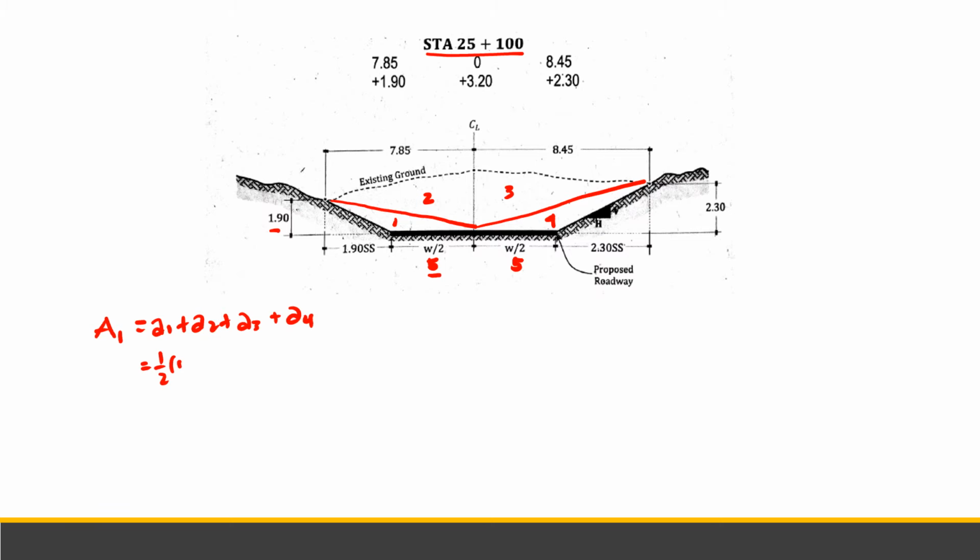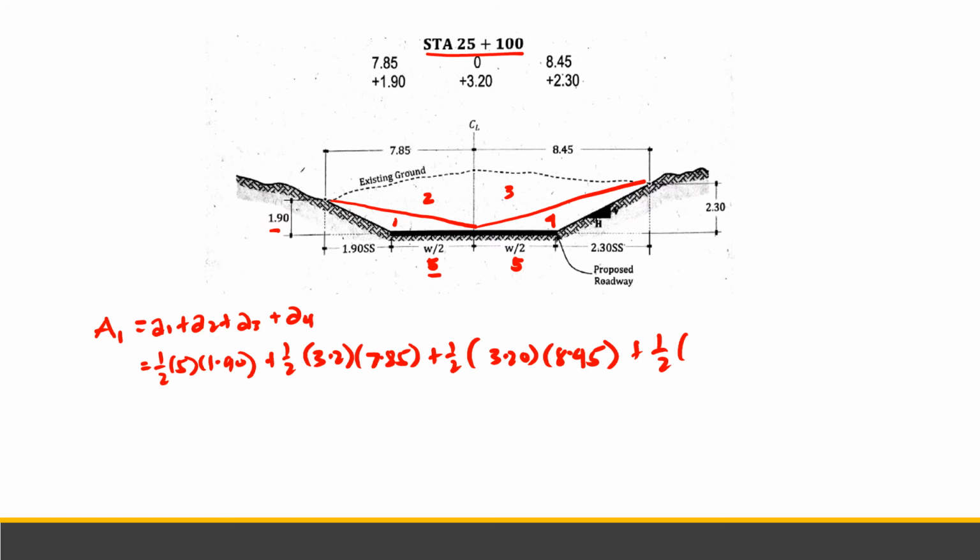So 1/2 times 5 multiplied by 1.9, plus area 2, 1/2 times 3.2 multiplied by 7.85, plus area 3, 1/2 times 3.2 multiplied by 8.45, plus 1/2 times 5 times 2.3, or 2.30.